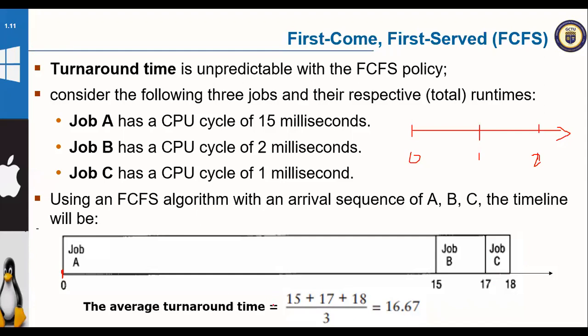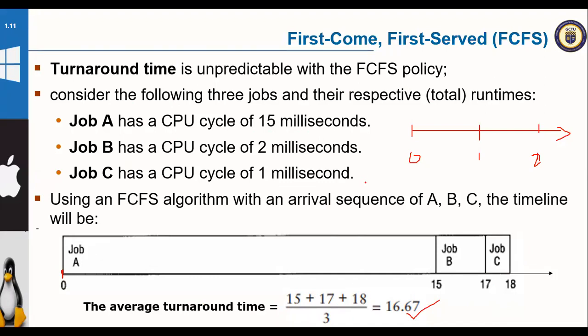So you strike the average, 15 plus 17 plus 18, all divided by 3. That should give you 16.67 milliseconds. That is the turnaround time for this first come, first serve algorithm with these jobs in consideration.